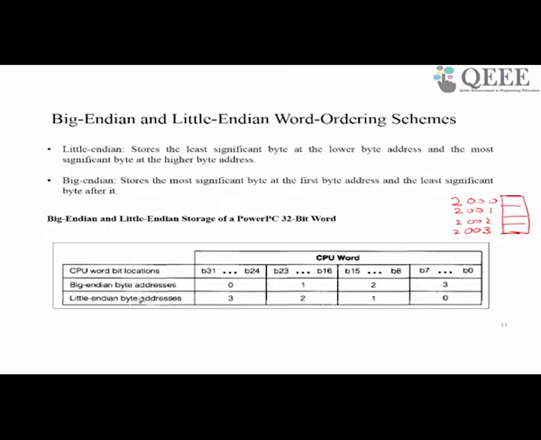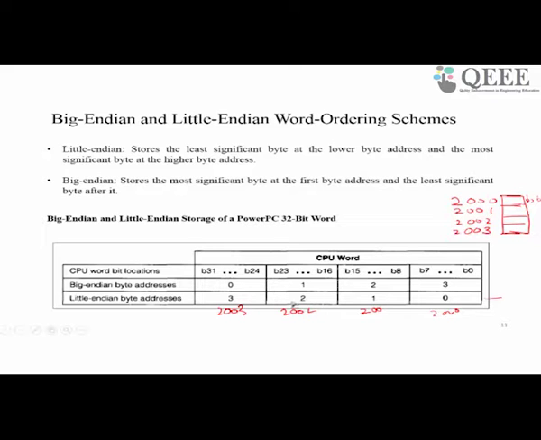Little Endian stores the least significant byte at the lower byte address, which means that the lowest significant byte, with bits B0 to B7, is stored at the lower address. So B0 to B7 are stored in 2000, B8 to B15 are stored in 2001, then 2002, 2003.